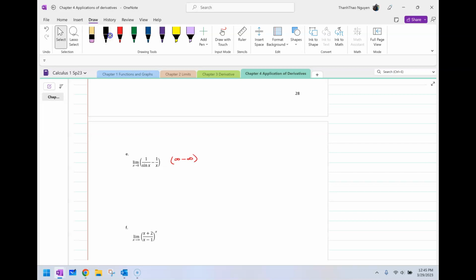So we need to do some algebra. Consider 1 over sine x minus 1 over x, that equals x minus sine of x divided by x times sine of x.